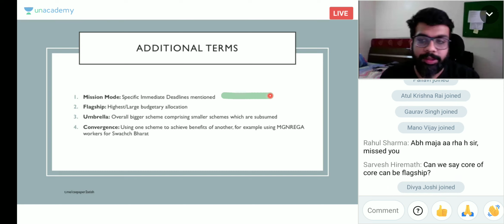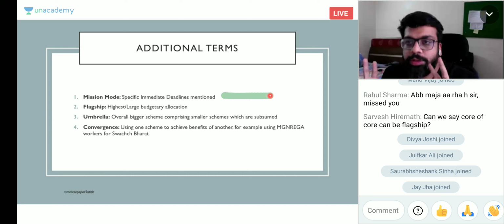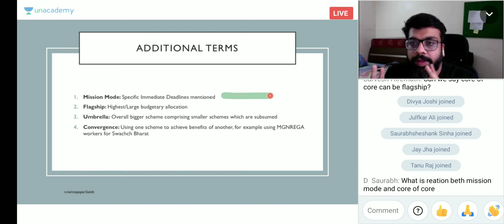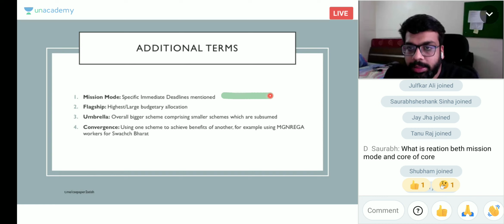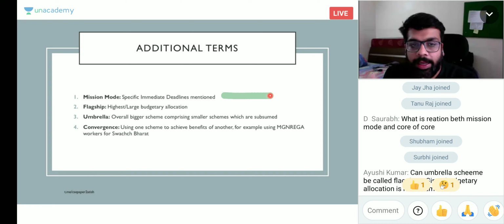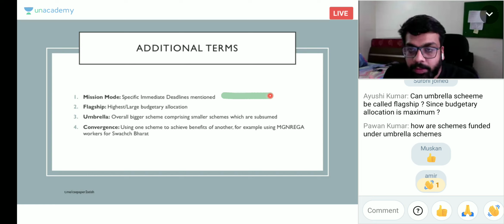Fourthly, convergence. What can happen often is that two schemes might be solving a similar problem. If they are solving a similar problem, or they can help each other out, in such a case, you can merge them, you can use them to help any of these in a larger context. So, for example, in Swachh Bharat, we need to construct toilets. Now, if we need to construct toilets, we need manpower.